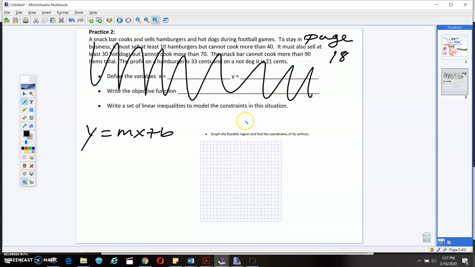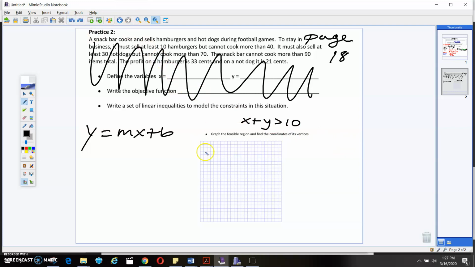Let's say I have x plus y has to be bigger than 10, and another inequality that is 2x plus 3y is less than or equal to 30. I'm just pulling these numbers out of random places.